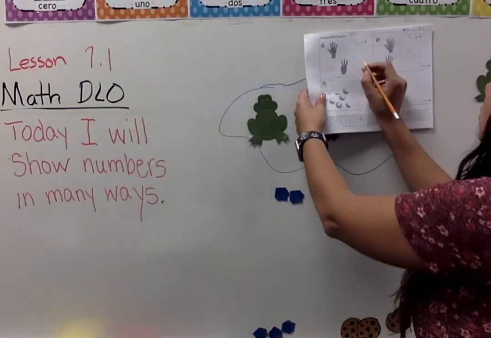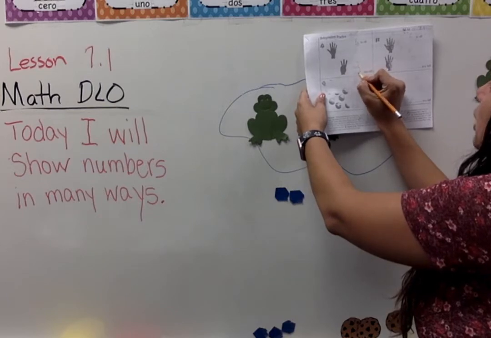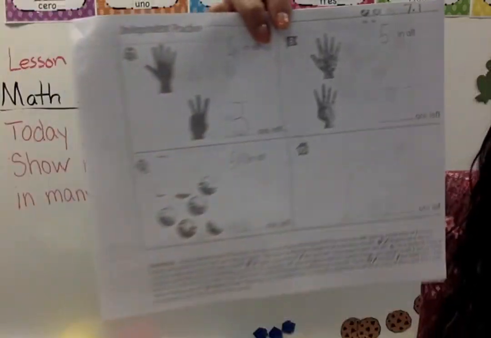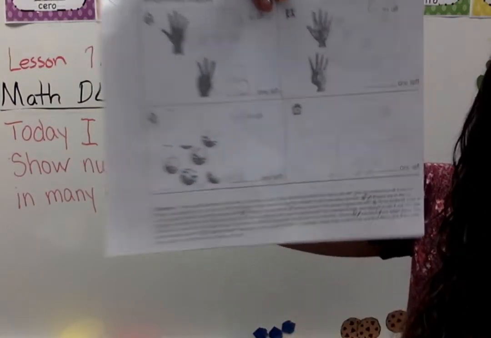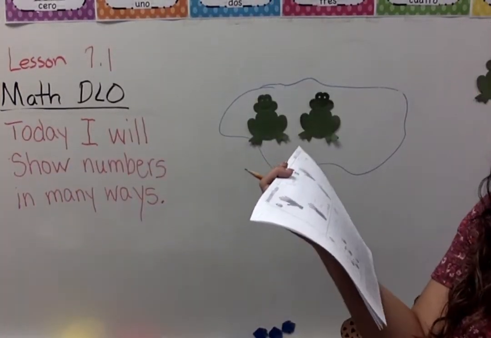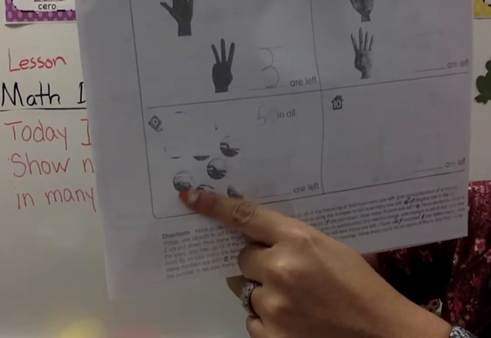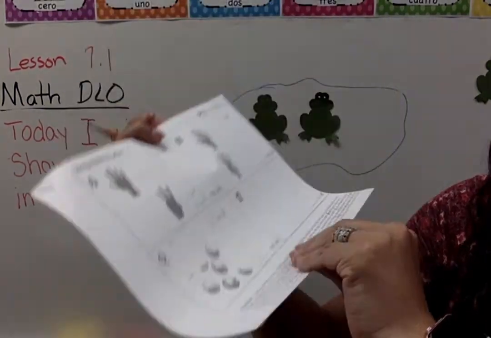So I would do round the tree, round the tree. That's the way you make a 3. And you're going to say 3 fingers are left. Okay? You guys can do this. See how some of them have them covered? Don't count those. Only count the ones that are right here because we're keeping it within 5.